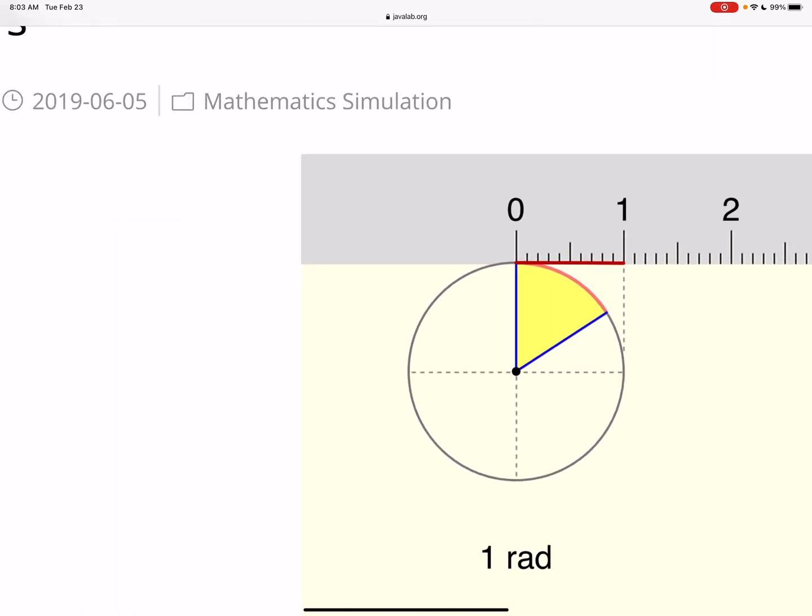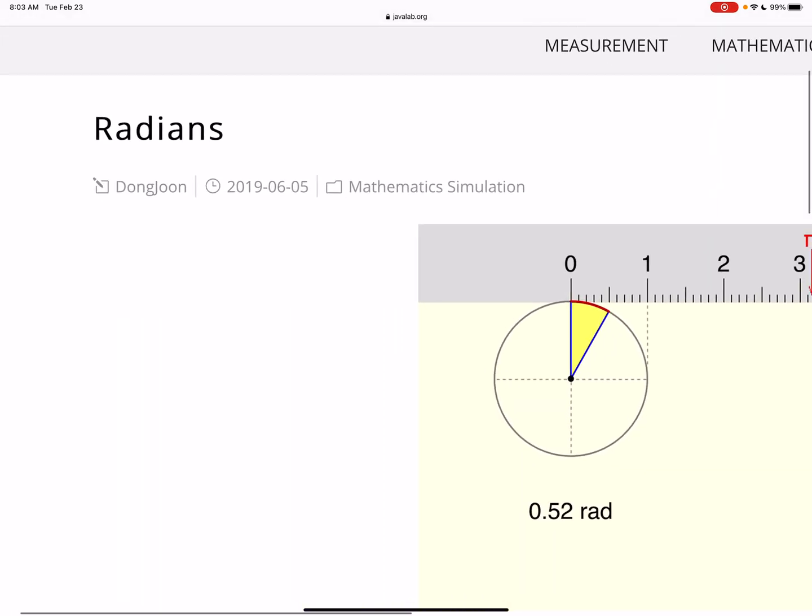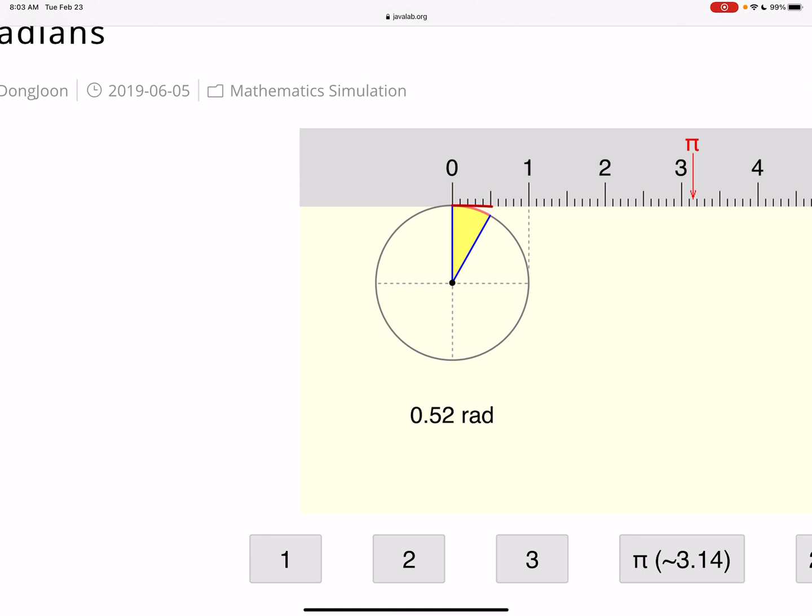So, for instance, right now I'm kind of moving it around. So right about here is 1 radian. And notice if I go to 2 radians, that's what it looks like because that's the length of 2 radius, or radii in plural.